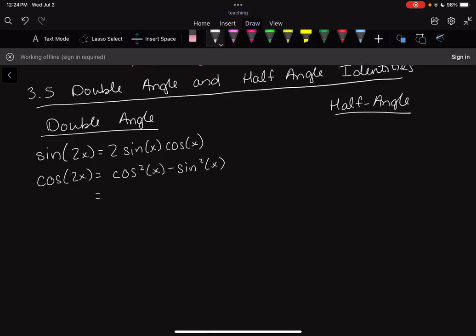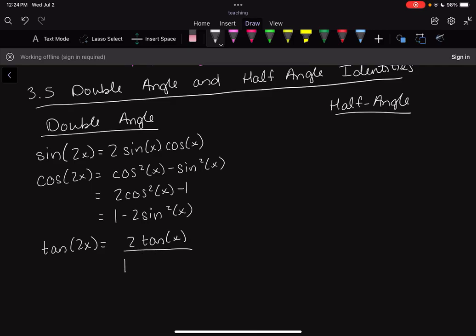You can also use 2 cosine squared x minus 1. You can also use 1 minus 2 sine squared x. So you've got some options for that one. The tangent double angle looks like this. So that's all the double angle identities.